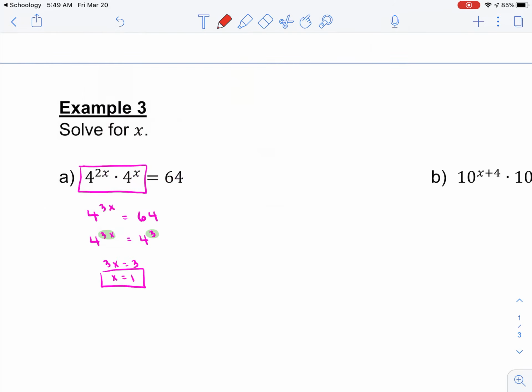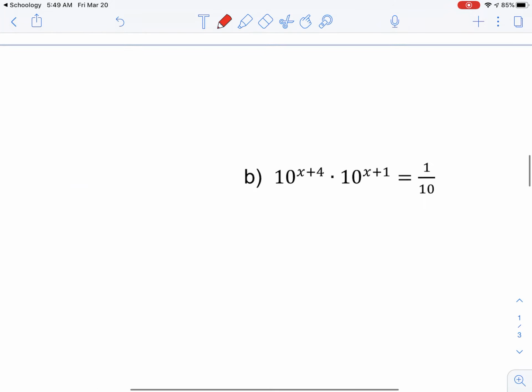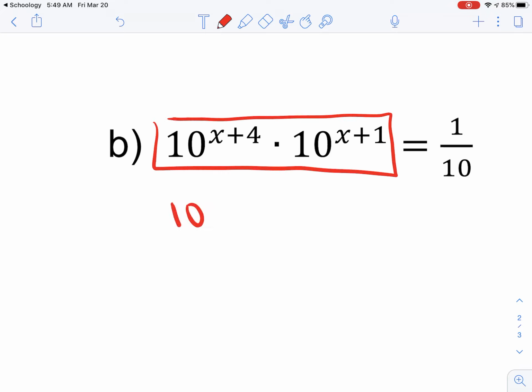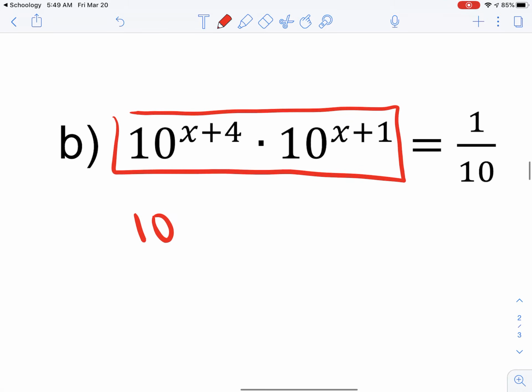There we go. And really cool, like I said, you can always sub that in and check your solution to see if it's correct. Going to the last problem in the set, same base. So we can use the properties here to rewrite that as a base of 10 and then add our exponents together. This problem's unique because the exponents have a sum. So just add like you normally would, combine like terms. We have 2 x's and then that 5 and then all equal to the 1/10.